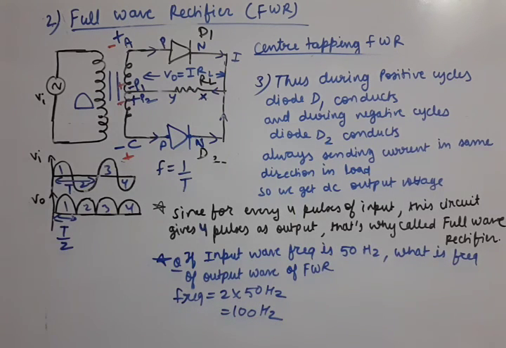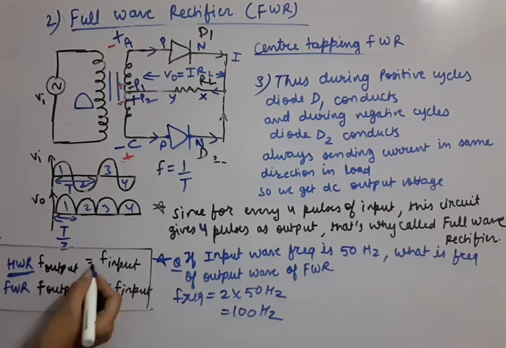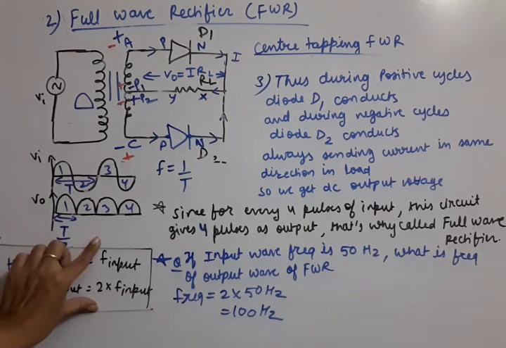So this is the answer of the frequency of the output wave. So remember students, remember in form of this formula, for half wave rectifier, frequency of output wave is equal to frequency of input wave. But for full wave rectifier, frequency of output wave is just double of frequency of input wave. You have to just remember these two formulas.